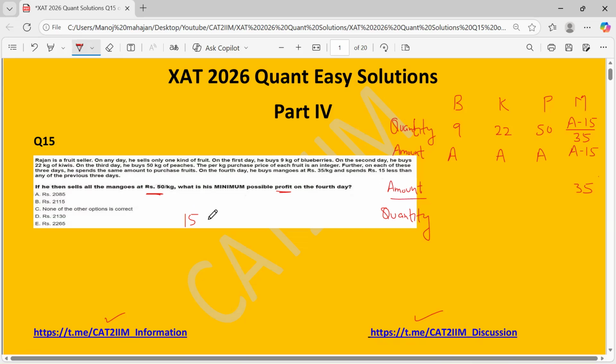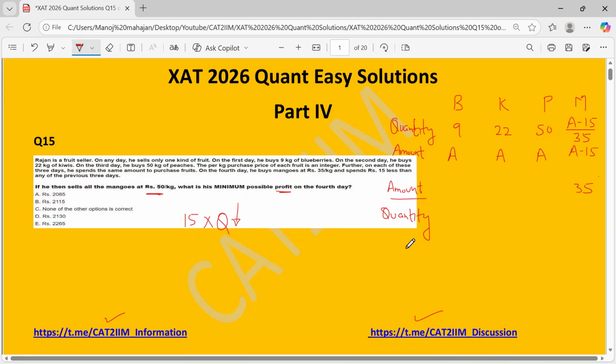So 15 is per kg profit into whatever quantity I do get for the mangoes that I have to multiply over here, right? So if I wanted to minimize this profit, in that case, we should look forward to minimize the quantity, right?